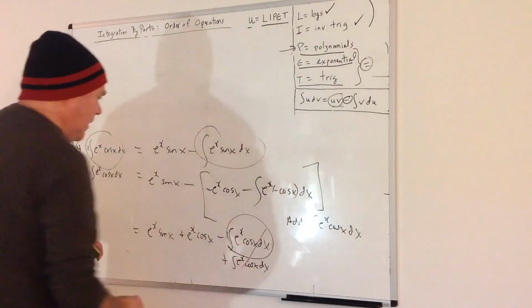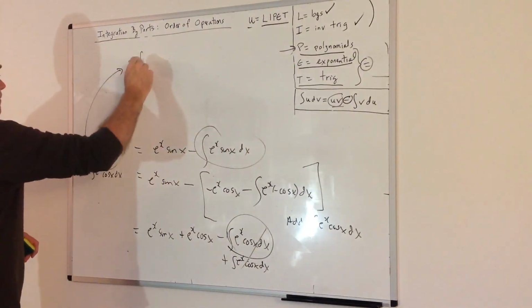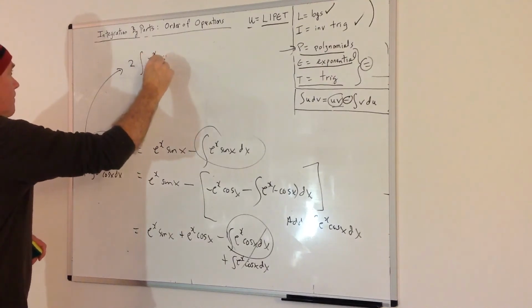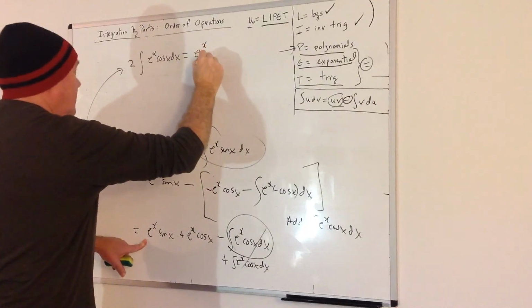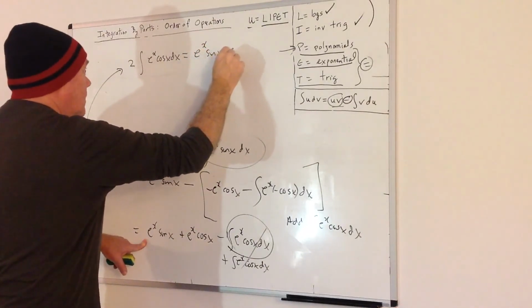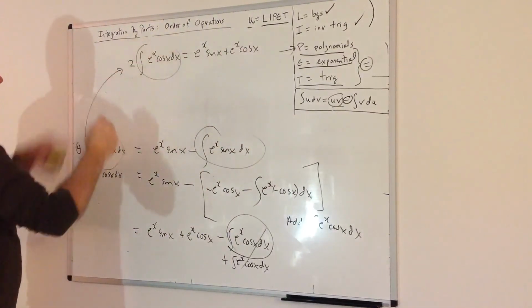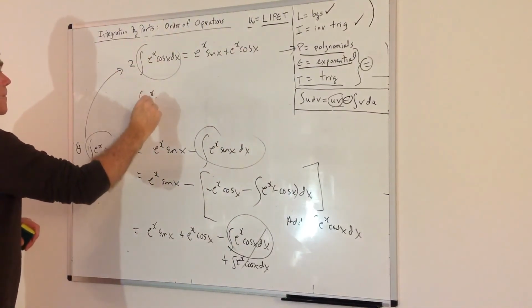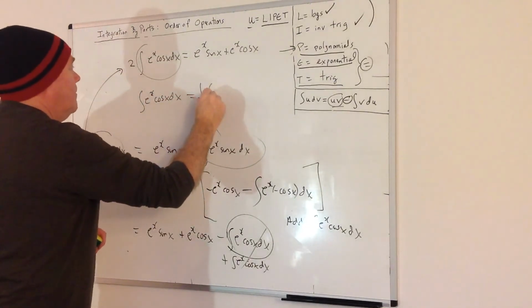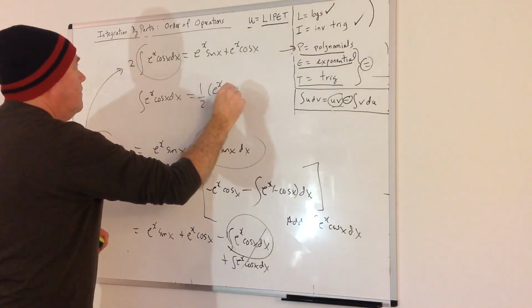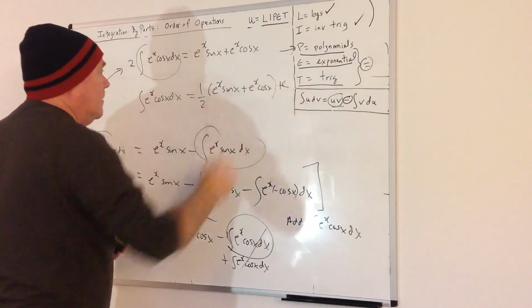Of course, these two cancel out. We end up with 2 of these equals this. And the final step to get the original integral is to divide everything by 2, or 1/2 times this, plus c.